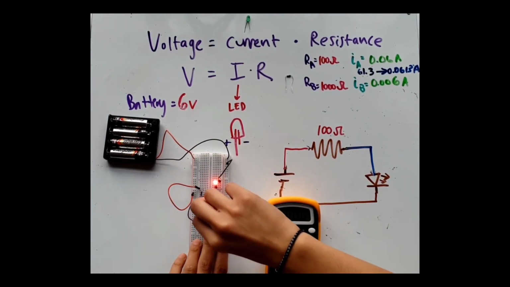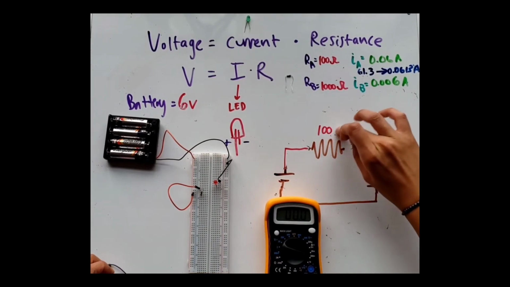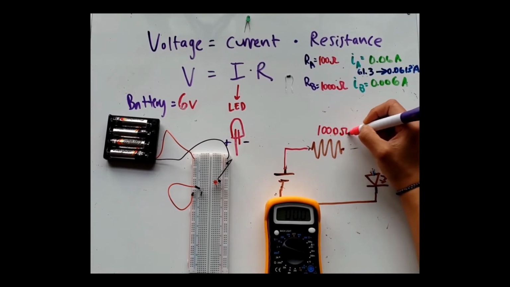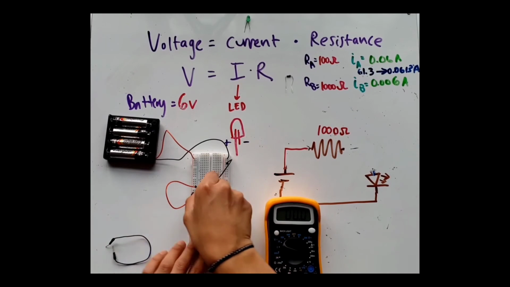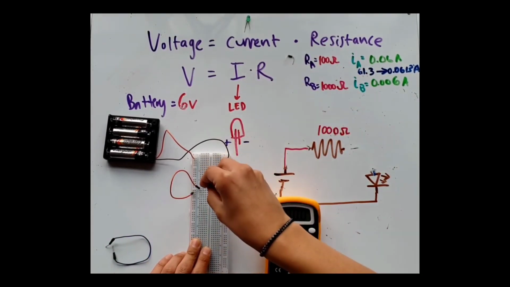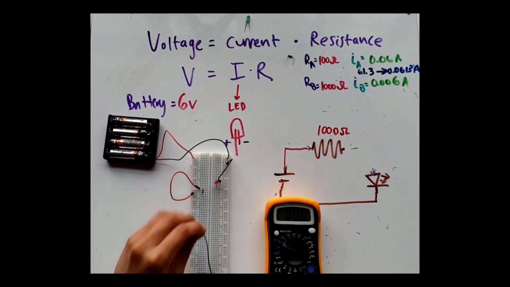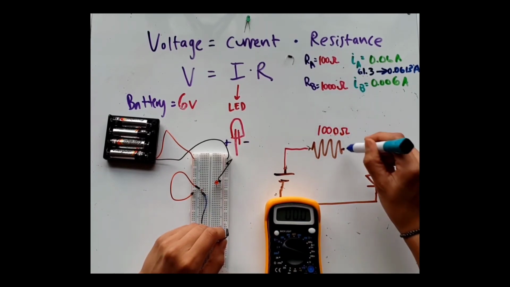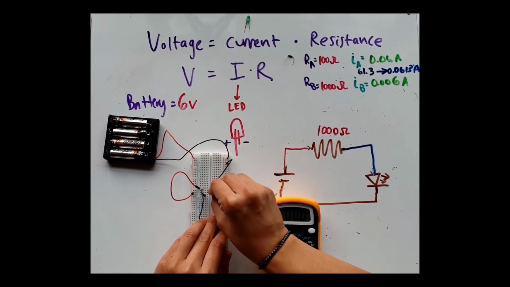I'm going to take away this blue wire right here, and change out this resistor. Instead of 100, it's going to be 1000 ohms. Let me take out this 100 and put in my 1000. Now I'm going to get the wire and close up from the resistor to the LED, and I should be seeing a different current.